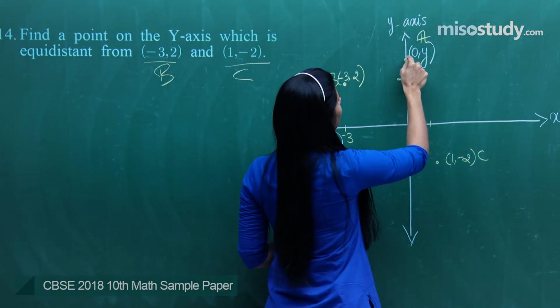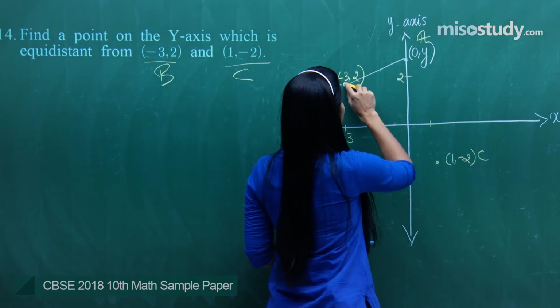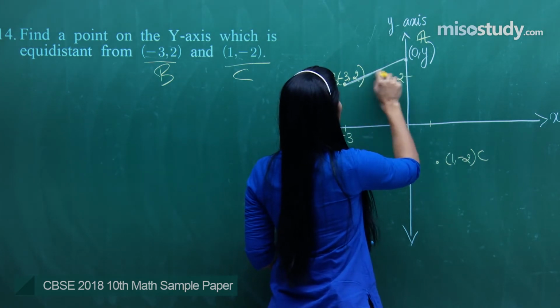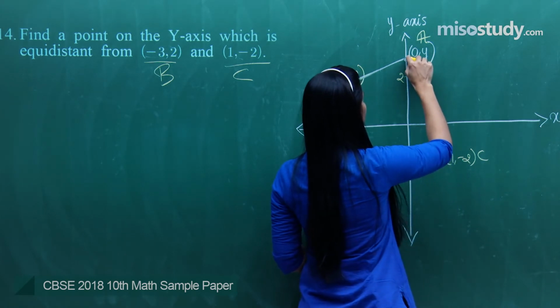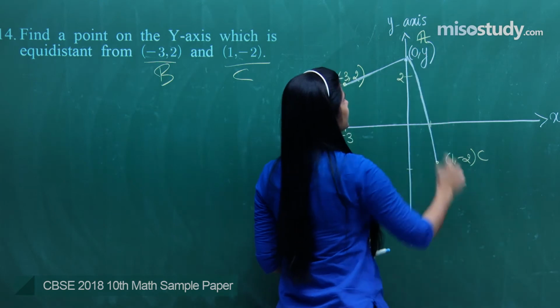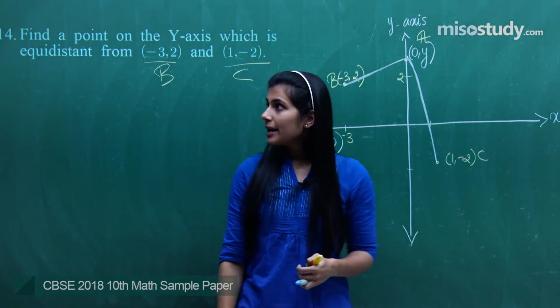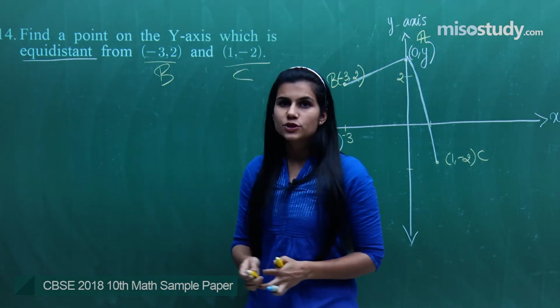This point on the y-axis is such that the distance from B to A is same as the distance from C to A. Why? Because this point is equidistant from these 2 points.